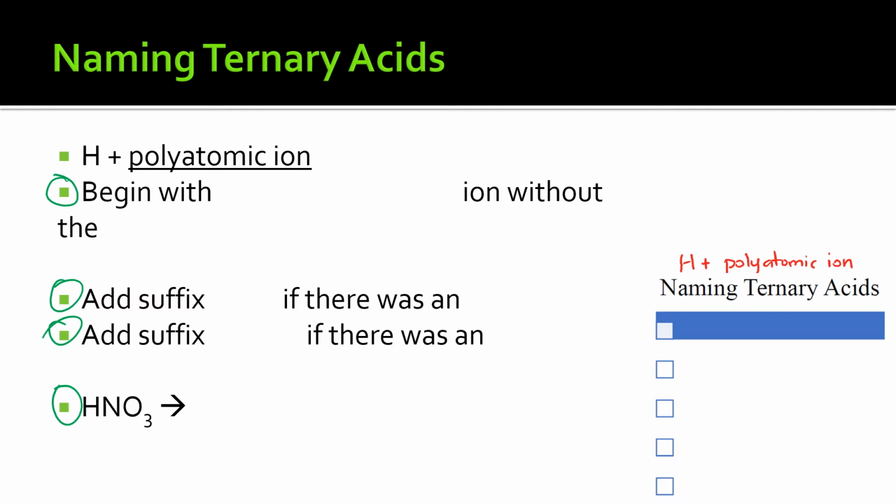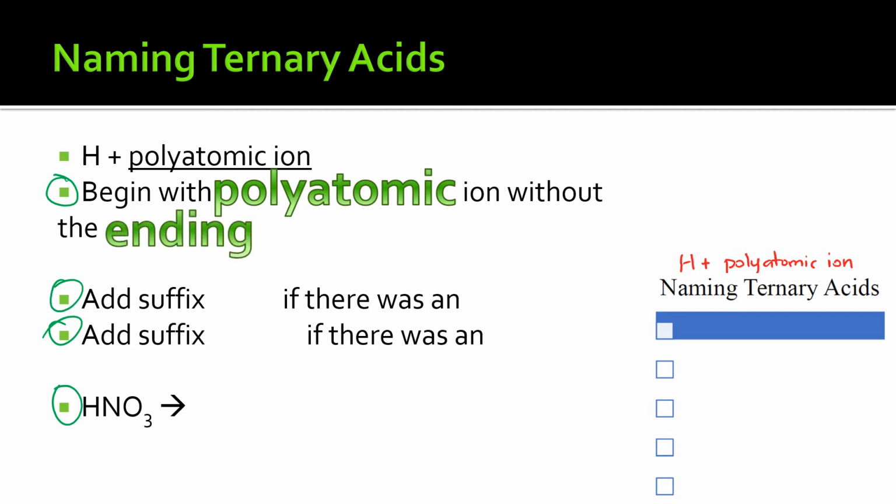We start off by naming the polyatomic ion without the ending. Then we change the ending, a suffix, based on the ending of the polyatomic ion. If it ended with ate, we change it to ic. And if it ended with ite, we change it to ous.